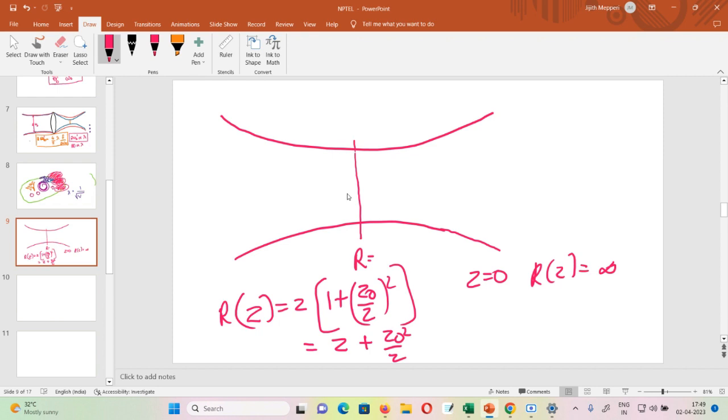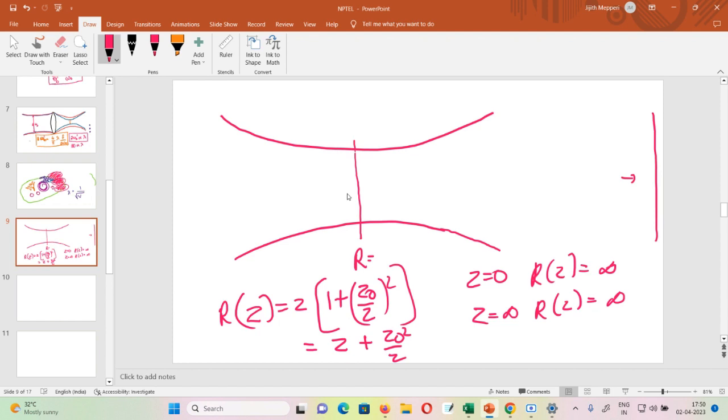Again it will behave like a plane wave. So at z is equal to 0 our Gaussian wave will behave like a plane wave, and at z is equal to infinity also the Gaussian wave will behave like a plane wave, and all the circular nature will come in from z is equal to 0 to z is equal to z naught.